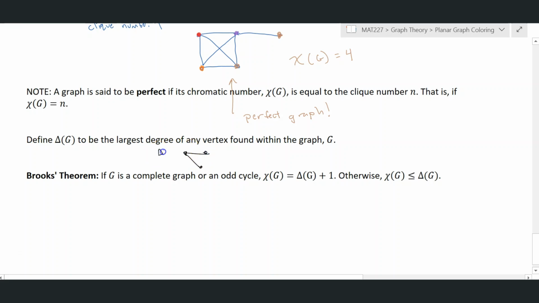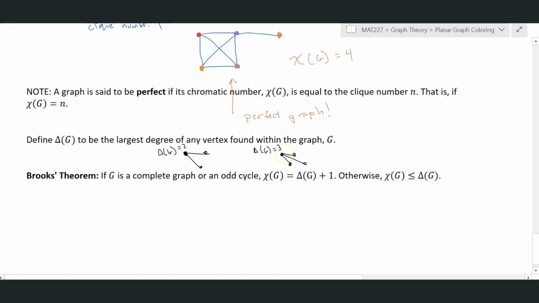Well, for this graph, the delta G is equal to 2 because this vertex right here has 2 edges, 2 vertices that are adjacent to it. Maybe something like this. The delta G would be equal to 3 because the largest degree of any vertex in the graph is 3.